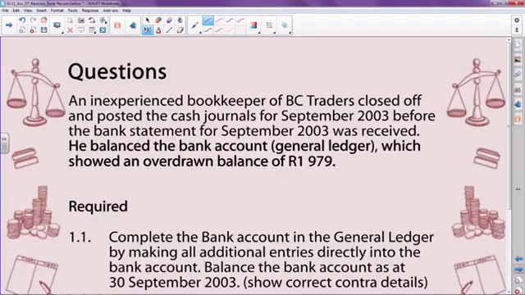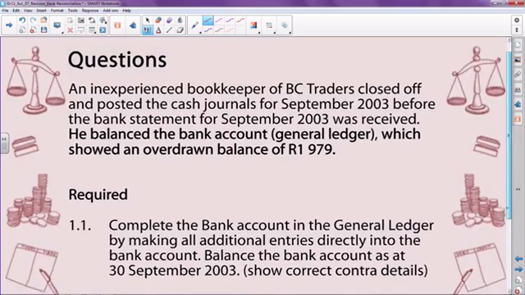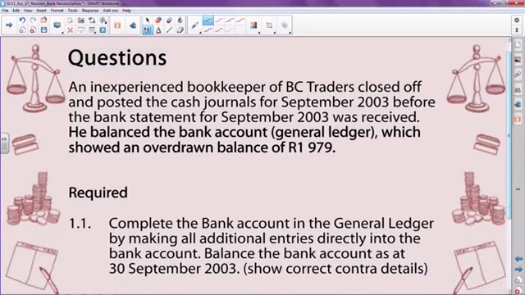Okay, so let's look at the question that we're going to work through. So we are given an inexperienced bookkeeper of BC Traders closed off and posted the cash journals for September 2013 before the bank statement for September 2013 was received. Okay, so immediately, let's look at the scenario that is presented to us.